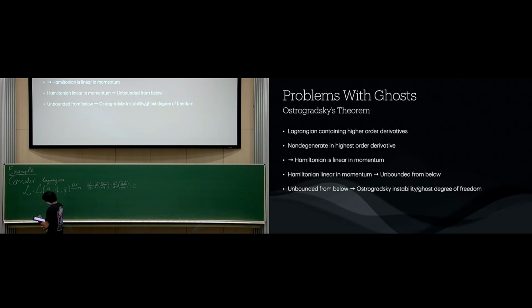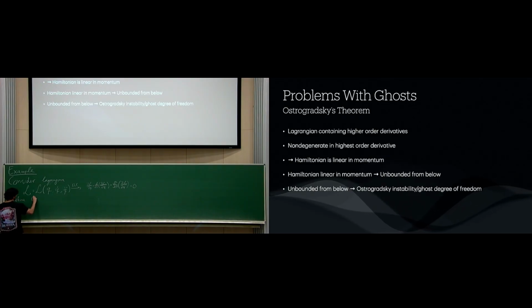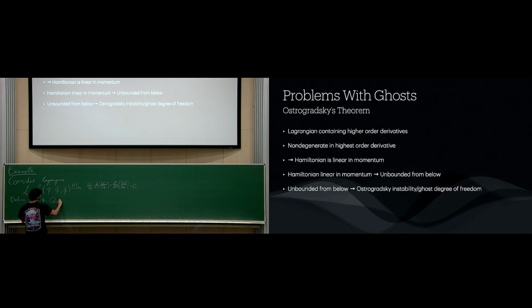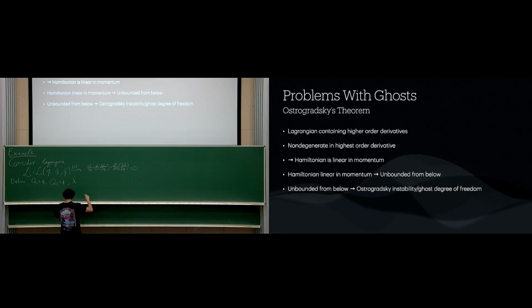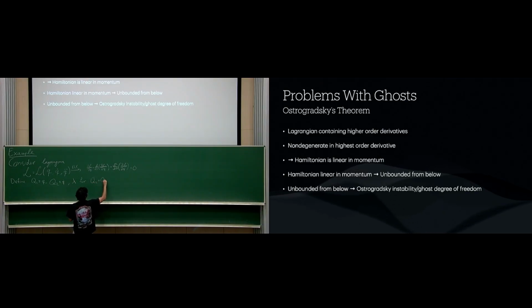Okay? Now, what we can do is define Q1 as q and Q2 as q dot, and we can introduce a Lagrange multiplier, lambda, for the constraint Q2 equals Q1 dot.